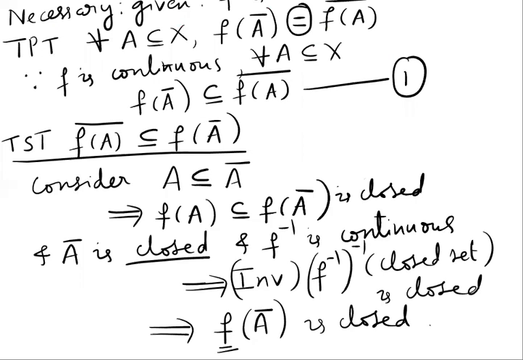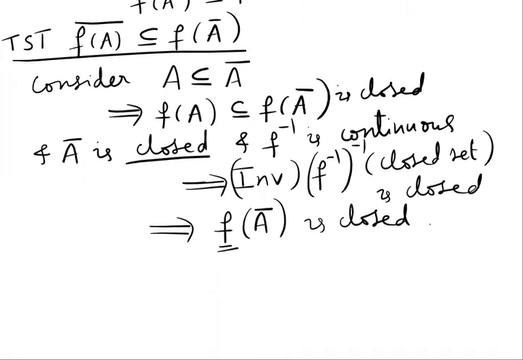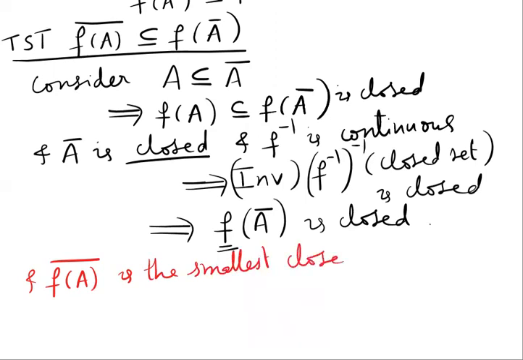And what is the smallest closed set containing f of A? The smallest closed set containing f of A is f of A whole bar, right?